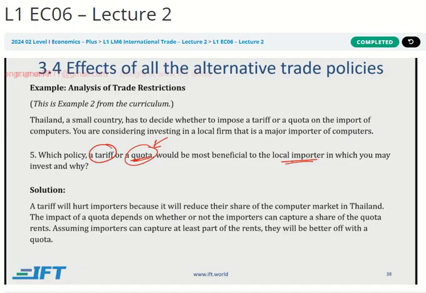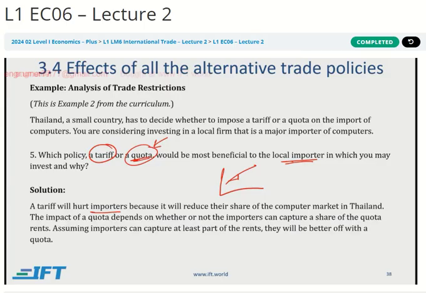So a tariff will definitely hurt importers for sure because they will reduce their share of the market. Number one, because the overall demand will go down, and number two, from the remaining demand, some of that will be taken up by the inefficient local producers who can then sell at a higher price. So overall business of importers will be going down.